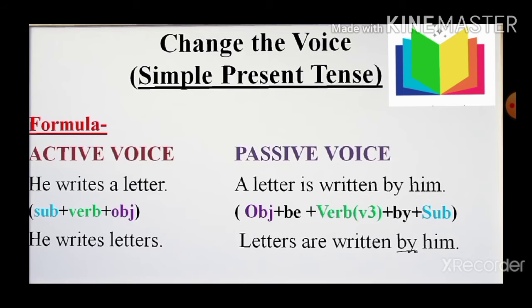If the object is plural, we will use are. After this, we will use third form of verb, that is necessary in the passive voice. That is an essential part of the passive voice sentence. And after that, we will use by. By is also an essential part of the passive voice. And after that, at the end, we will write the subject.